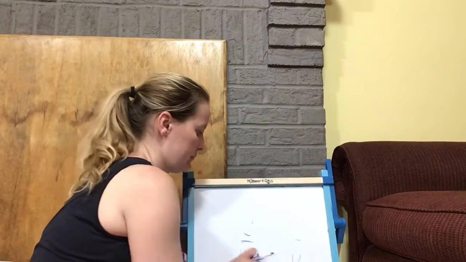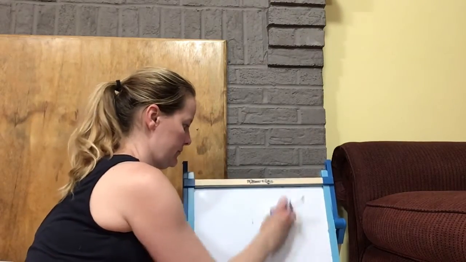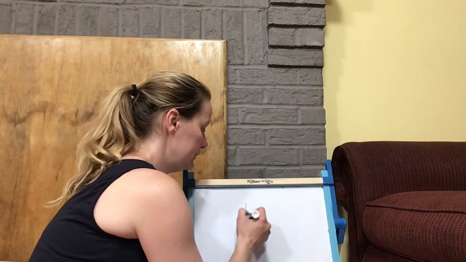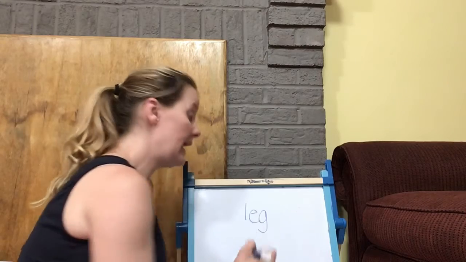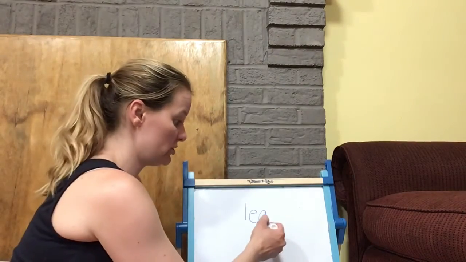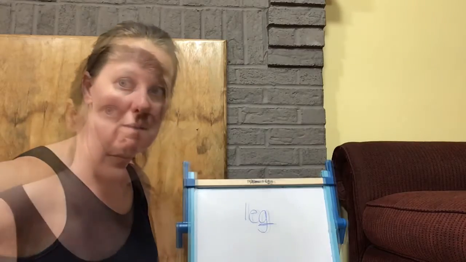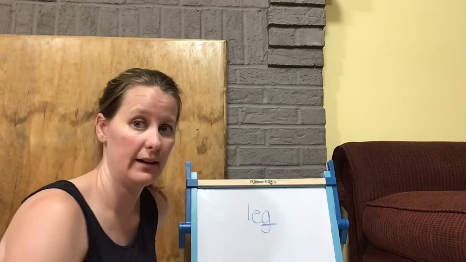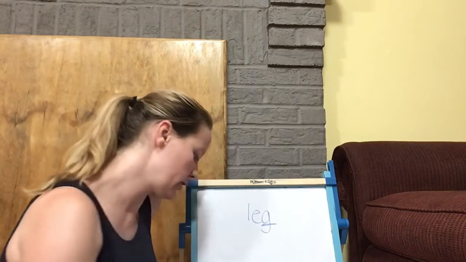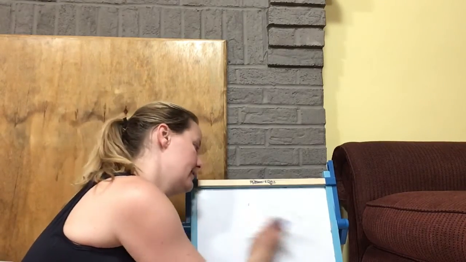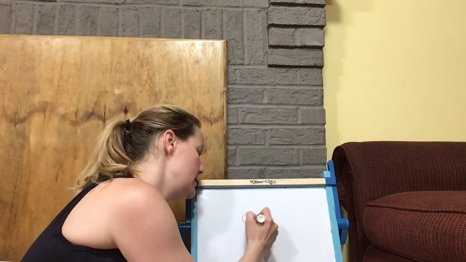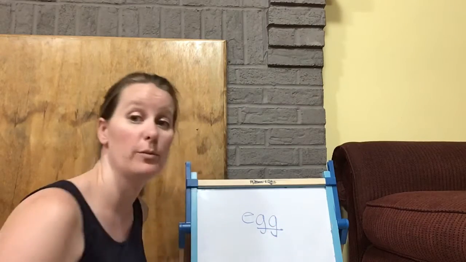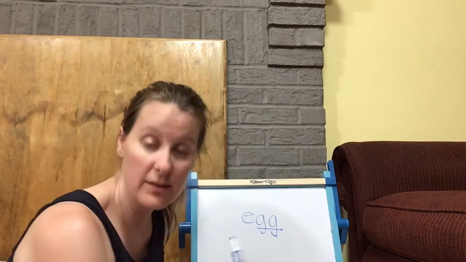If you were to write the word leg, for example, you only have one G. You write L-E-G, leg. But if you were going to write the word egg, you write E-G-G, and this also makes the G sound. You don't say egg, G, you say egg, right?